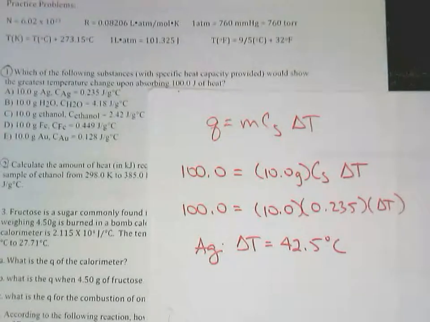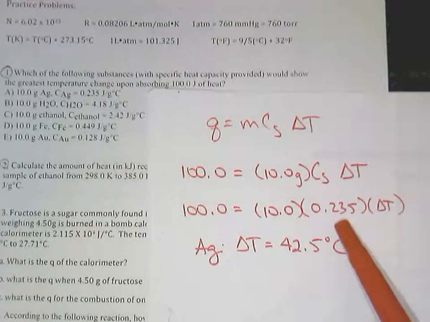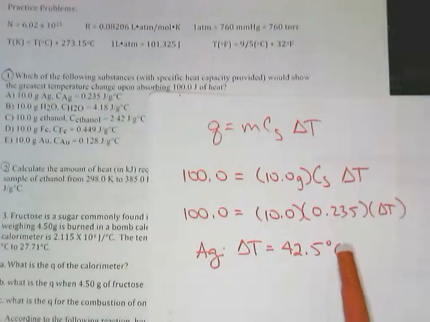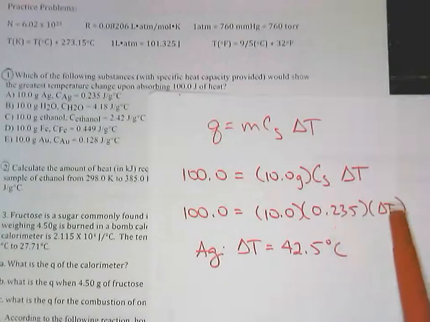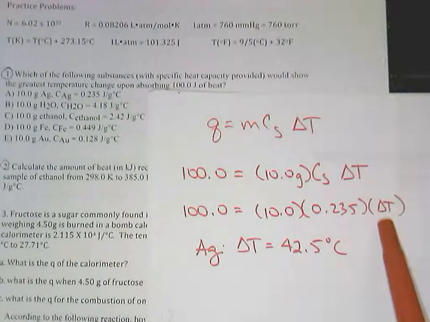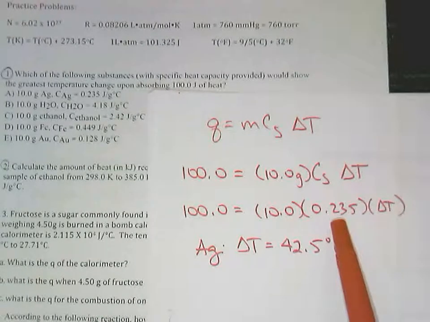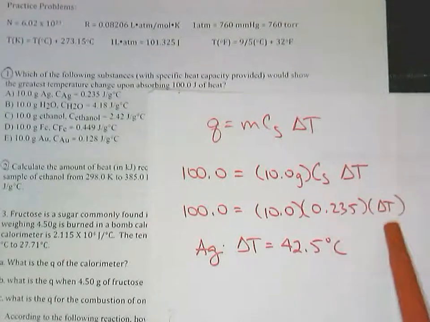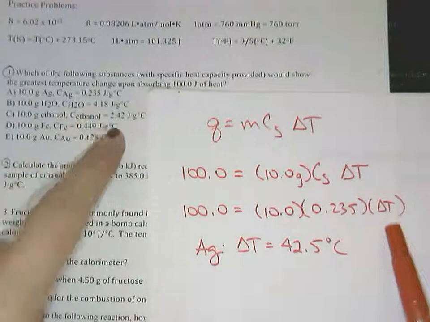So the only thing I'm going to change is this number right here. So what if I made this number bigger? How would delta T have to change? It would have to get smaller, right? So if Cs is going to be anything bigger than 0.2, the delta T is going to get smaller. So automatically, B, C, and D are bad choices.